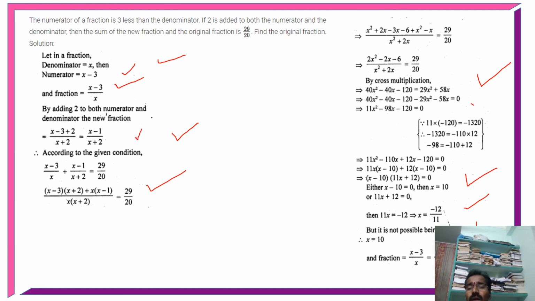Whatever values we need, we'll find out. Any method is applicable. We get a negative value, which is negligible, so only the positive we have to take. Negative is not applicable because it is a fraction. So the original fraction, numerator by denominator, is 7 by 10. Let us go with the next slide with the next model problem.